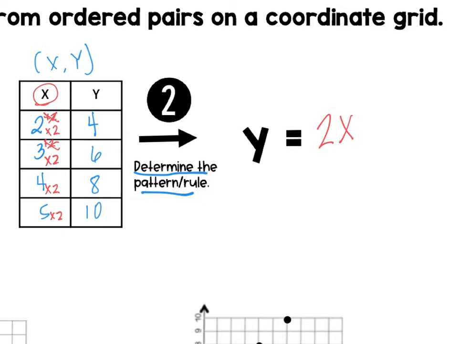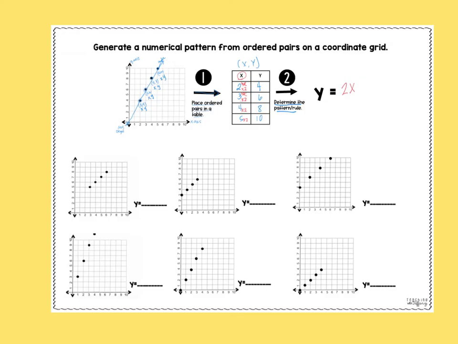Took our x value of 3, multiplied it by 2, and got 6. And for every x value we had, 2, 3, 4, and 5, we multiplied those by 2 and got our y. All right, boys and girls, now we're going to do these next examples. I'm going to do 4 of them with you and have you do the last 2 on your own.